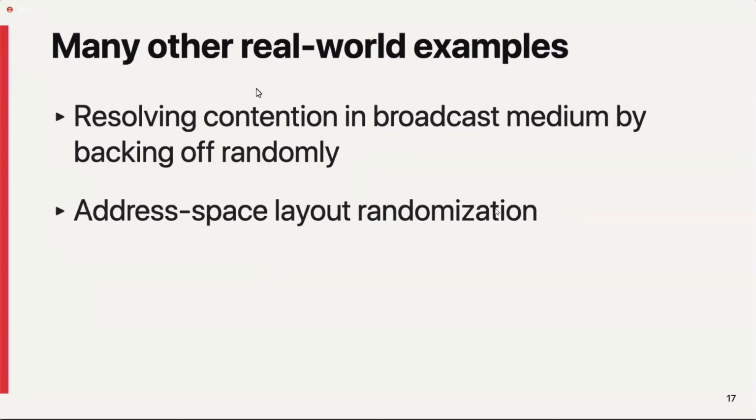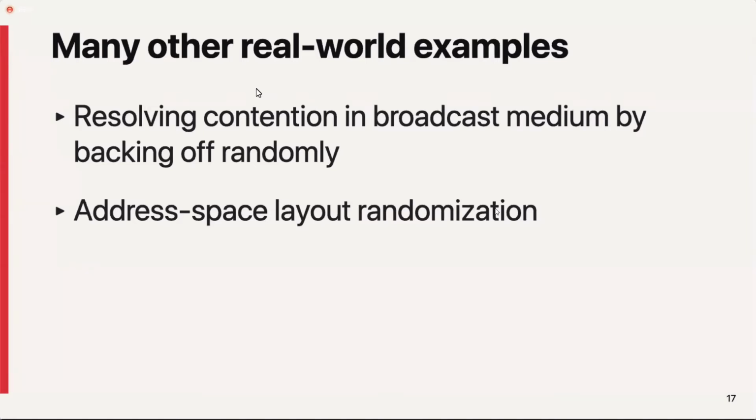In the area of operating system design, when we try to make systems a little bit more secure and design virtual address spaces, we can do something called address space layout randomization, which randomizes the assignment between virtual addresses and physical addresses so that there are fewer opportunities for malicious attacks, for example, buffer overflows.